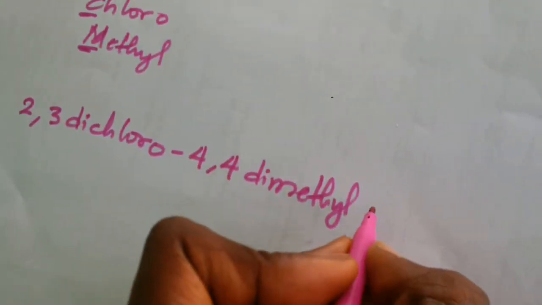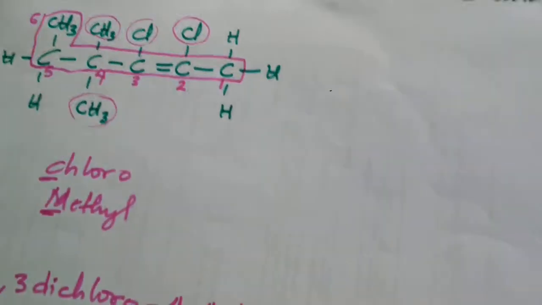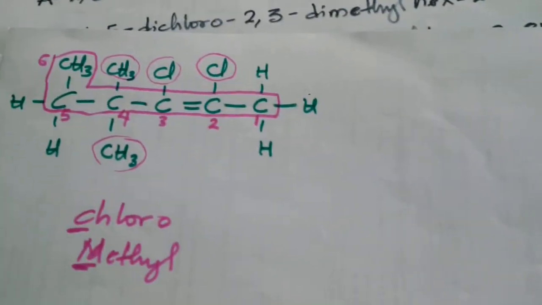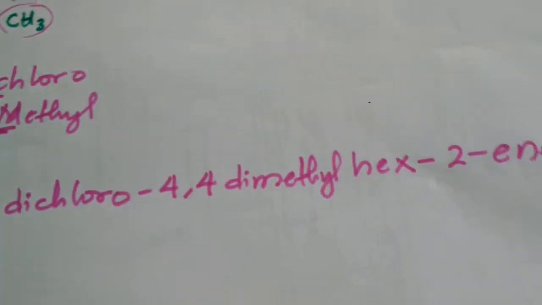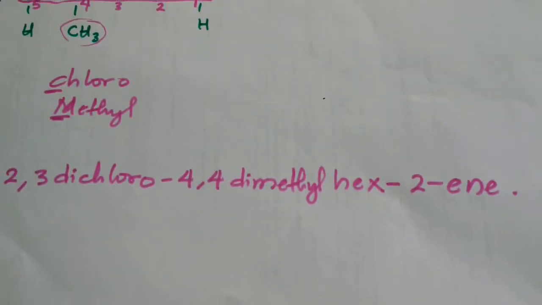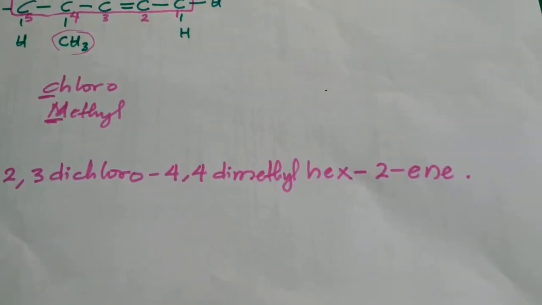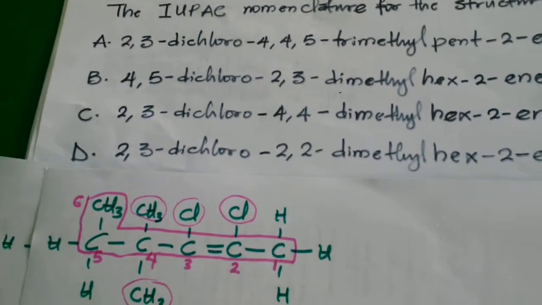Since it's a 6 carbon compound, it will be hex, and since it has a double bond on the second carbon, it will be hex-2-ene. So that would be the name of our compound: 2,3-dichloro-4,4-dimethylhex-2-ene. So let's check. That's option C.